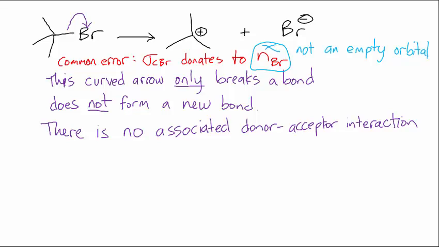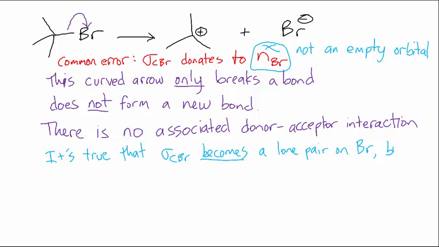We're only looking for the existing orbitals in the reactants. We're not talking about what they become in the products. So it's true that sigma CBr becomes a lone pair on bromine, but that's not a donor-acceptor pair.